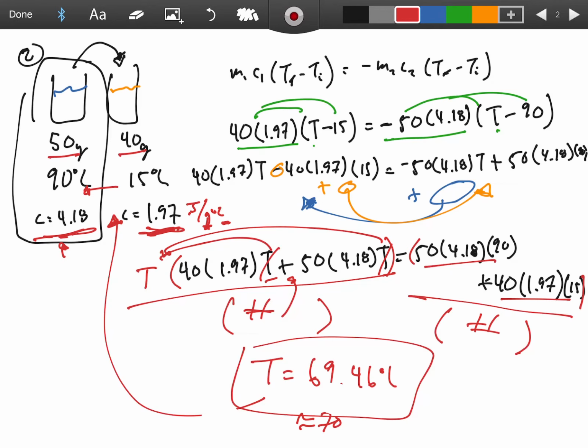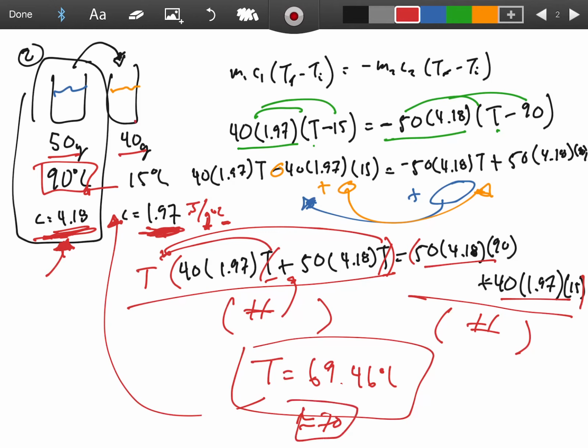So it takes twice as much energy to change the temperature of water compared to the temperature of oil. So in that regard, the temperature should be much closer to the water because its temperature is so much harder to move than the temperature of the oil.